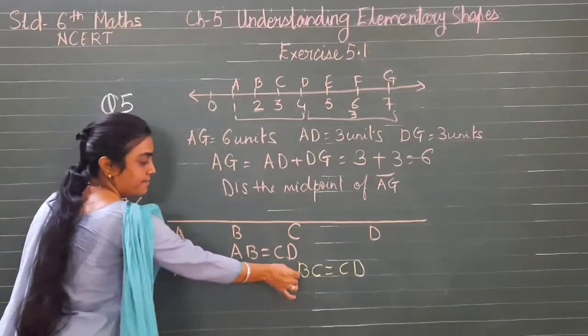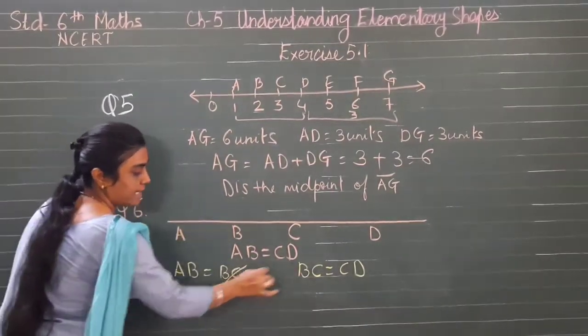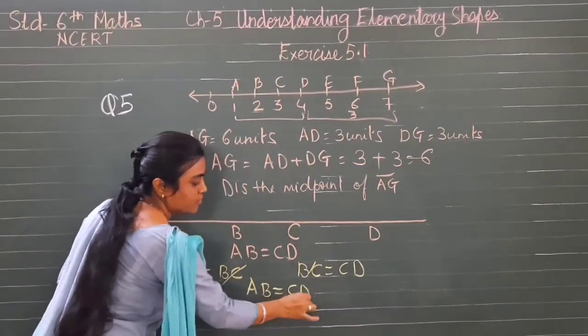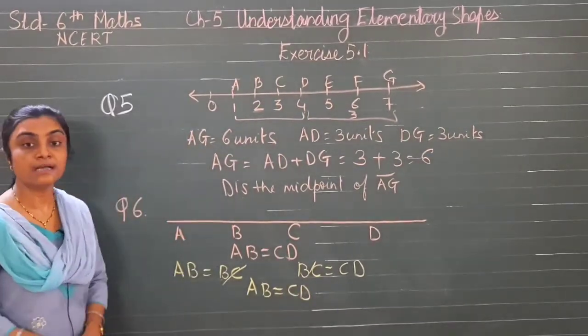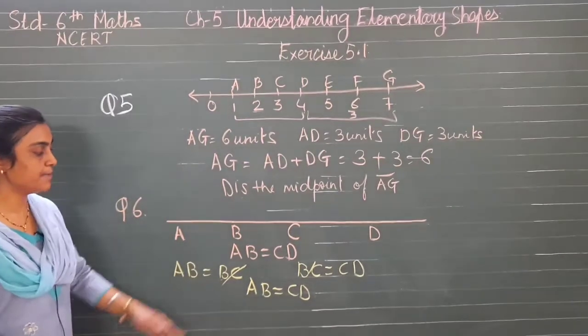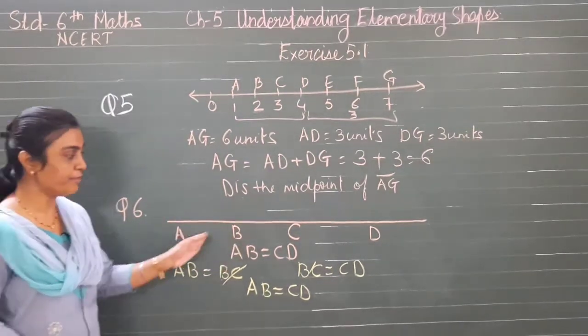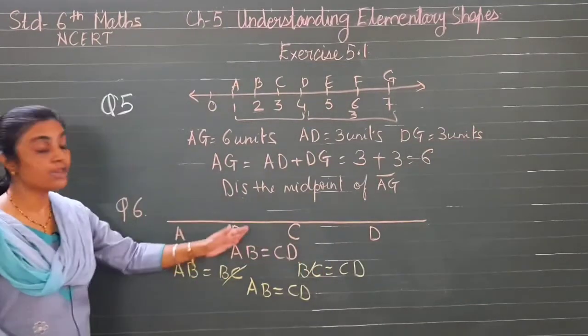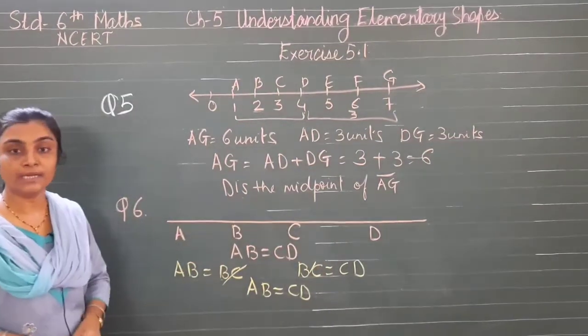Now BC is common on both sides, so from this we can prove that AB is equal to CD. This is the answer. AB is equal to CD because B is the midpoint of AC and C is the midpoint of BD, where all the points are at an equal distance.